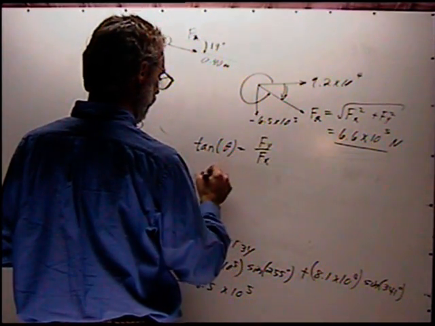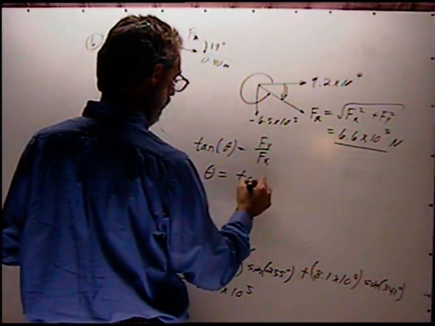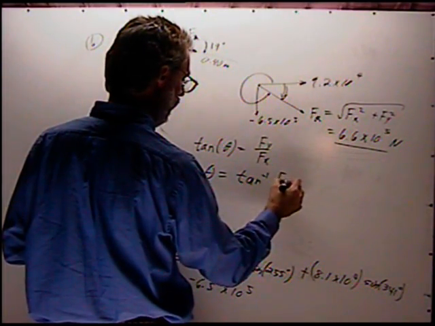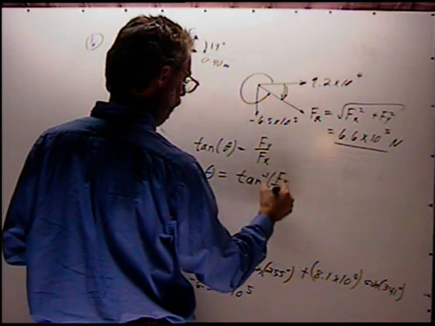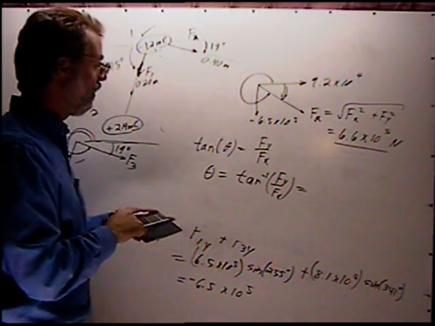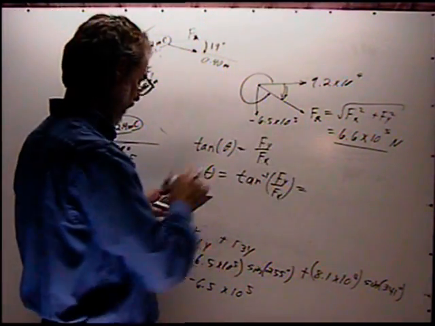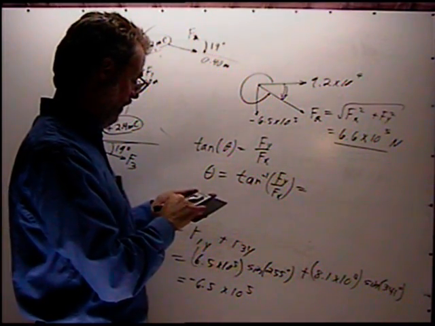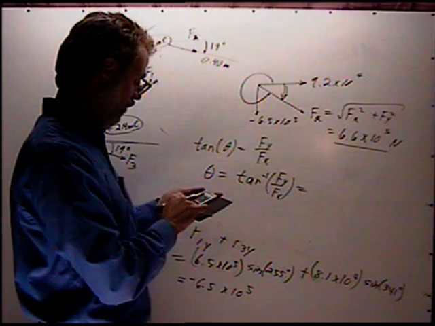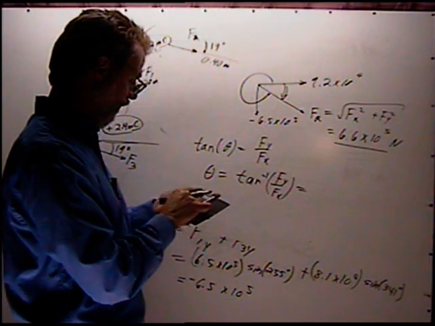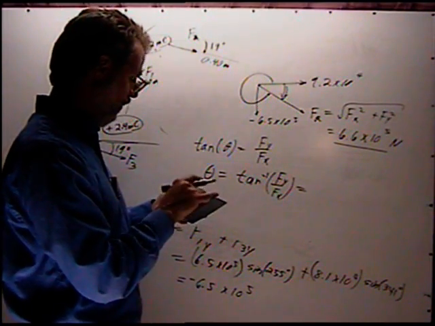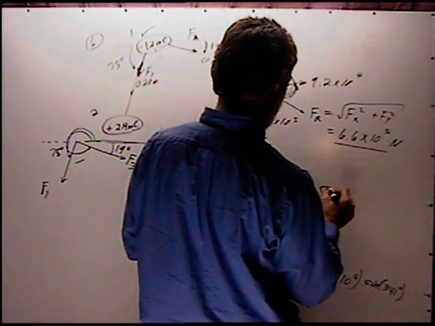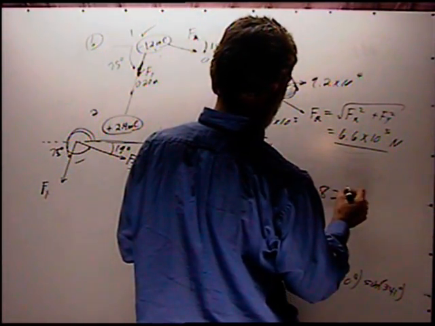So the inverse tangent of that angle is the inverse tangent of fy over fx, which is 6.5 e to the fifth divided by 9.2 e to the fourth, arctangent, and I get 80, we'll call it 82 degrees.